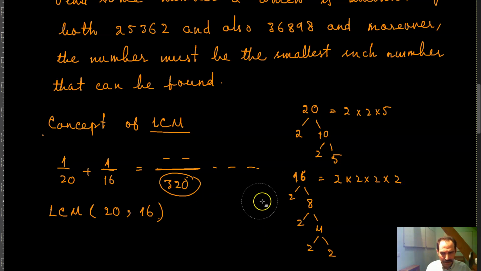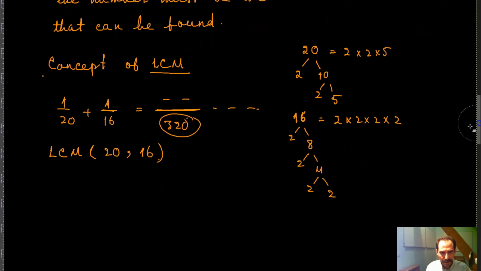So now I'm looking for a number that is supposed to be divisible by 20, meaning it needs to have at least a 20 in it. And it also needs to be divisible by 16, which means it needs to have at least one factor of 16 in it.